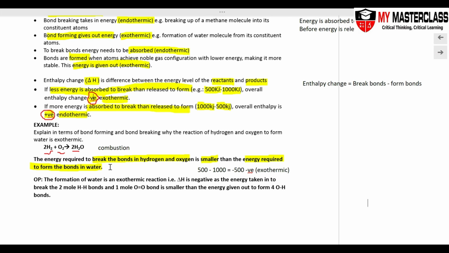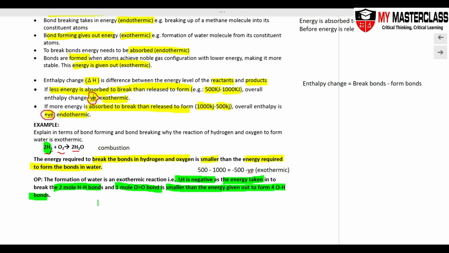Okay, so this explanation is good for combined science, but if you are doing pure science or IP science, the delta H is negative, the enthalpy change is negative, because the energy taken in to break 2 moles of hydrogen bonds, why is it 2 moles? Because there's 2H2 in the balanced equation, and 1 mole of oxygen bond is smaller than the energy given out to form 4 moles of OH bonds in water.